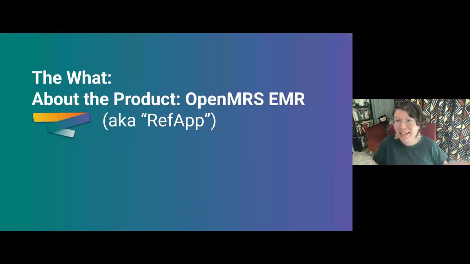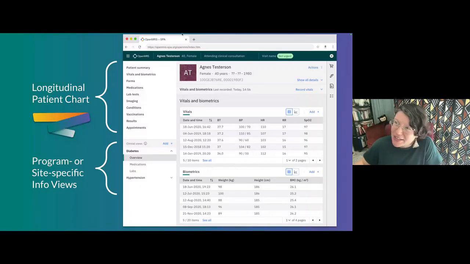So in terms of the what, the product, let's talk a bit about the medical record system. This is what the medical record looks like. In fact, we can log into the demo later if we have time, and you can see it for yourself. But basically, you have a patient chart, and she or he has a whole bunch of information about them that's always kind of true. This is what we call their long-term or longitudinal record.